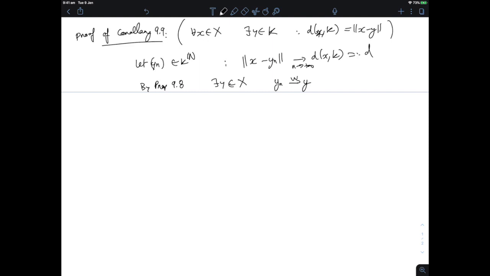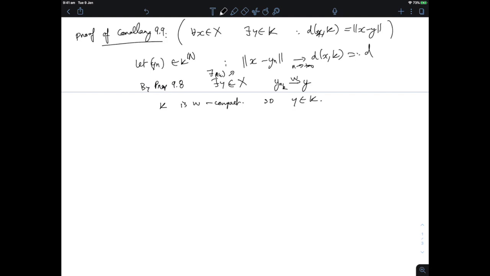Now, K is weakly compact, so in particular, it's weakly closed. So if I have a subsequence y_nk that converges weakly to y, then this y has to be in K itself.